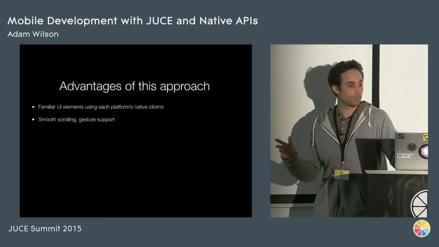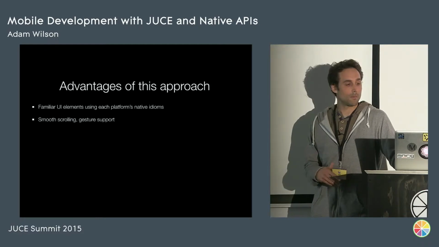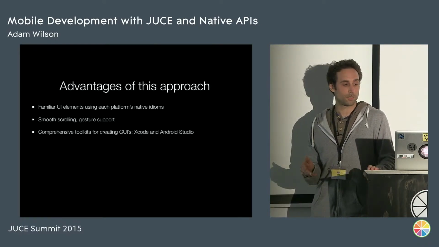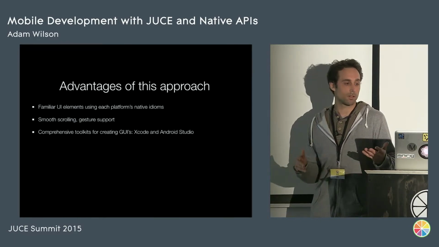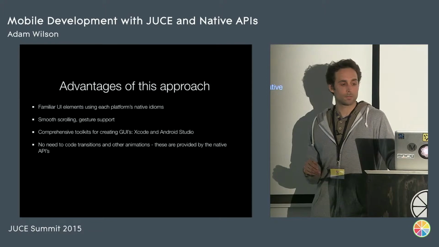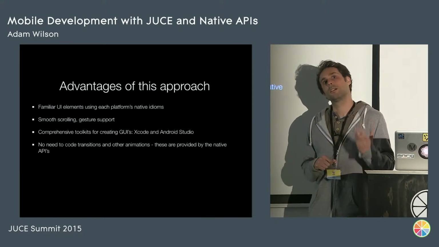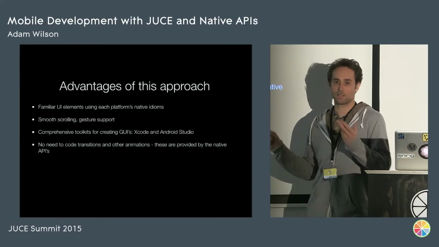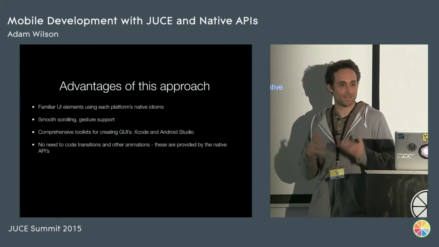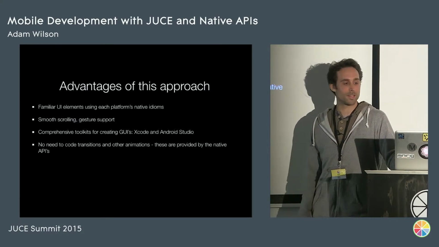You get smooth scrolling, full gesture support, and you get comprehensive toolkits for free that are really good, Xcode and Android Studio. There's also no need, or little need, to code in transition animations and these kinds of things that we've become used to that make the mobile experience just a little bit more magic. These are all provided by the native APIs.